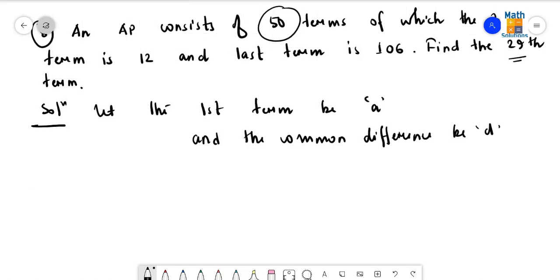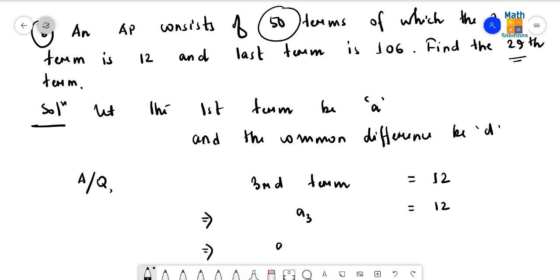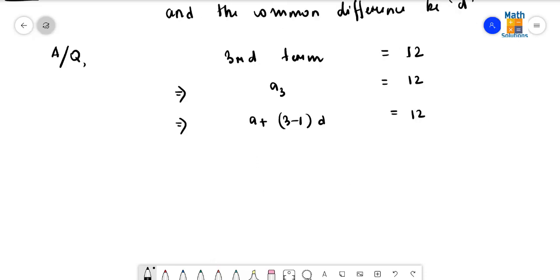According to the question, the third term is equal to 12. So we can write here A3 is equal to 12. That can further be written as a plus 3 minus 1 d is equal to 12, using the general formula. After this, I shall get a is equal to 12 minus 2d.